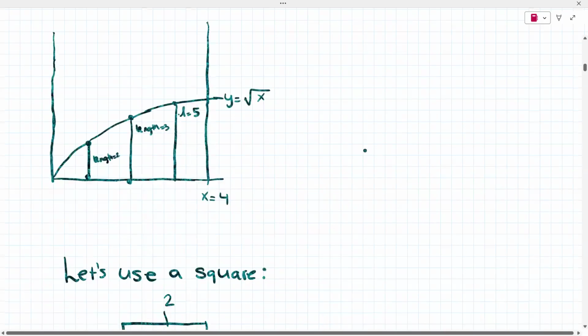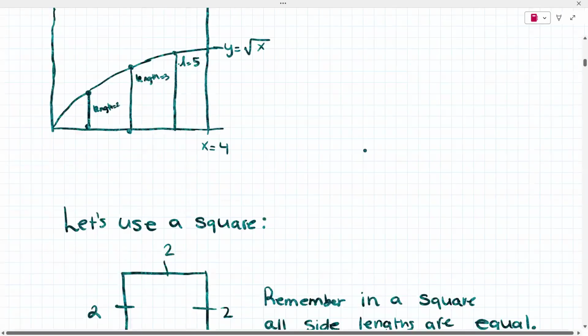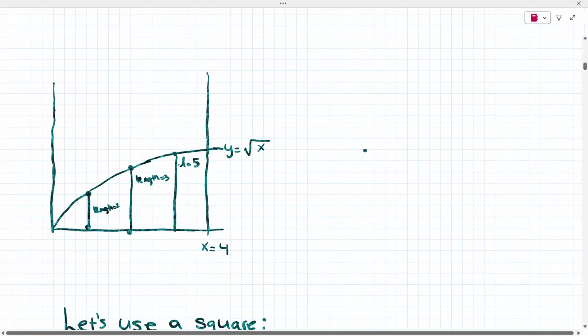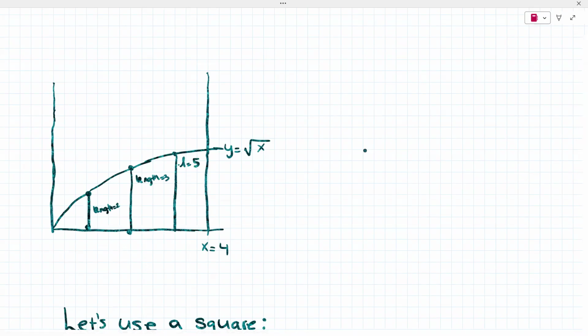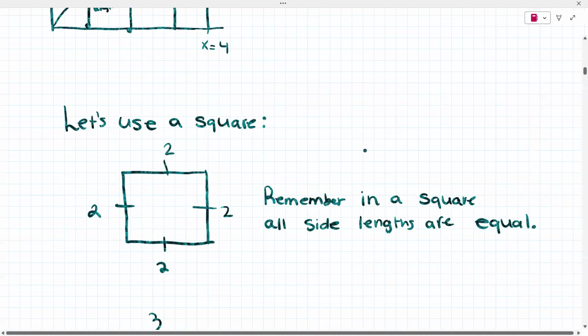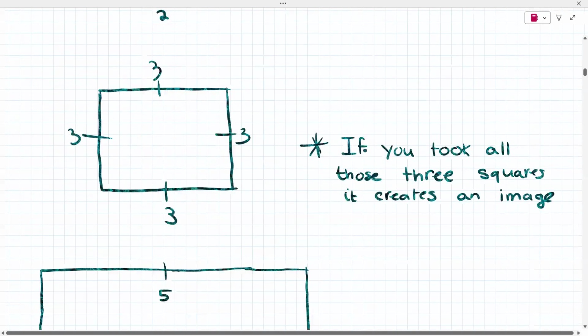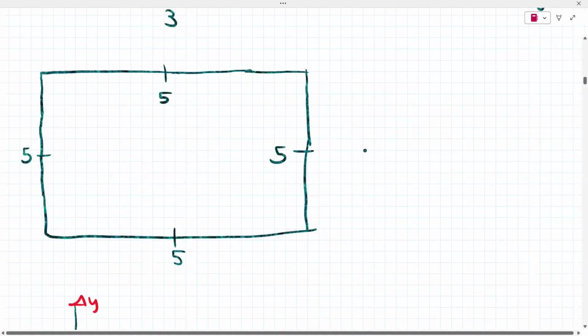So let's pretend we took a piece of square of this shape. If you recall, a square has all sides equal. You need a length and you need a width. If you took all those three squares, it creates an image.